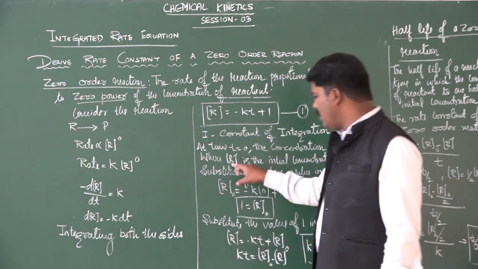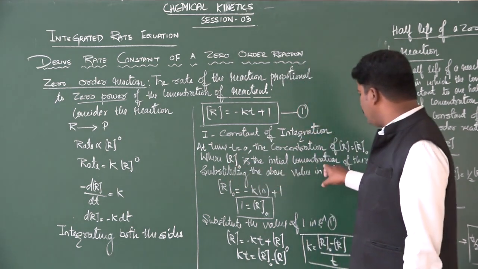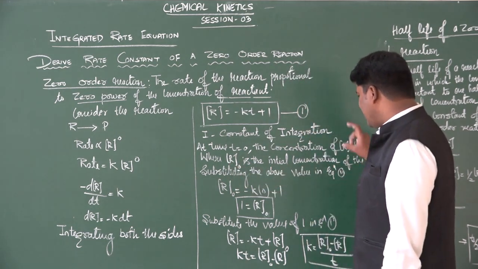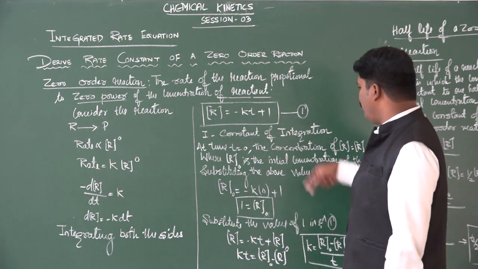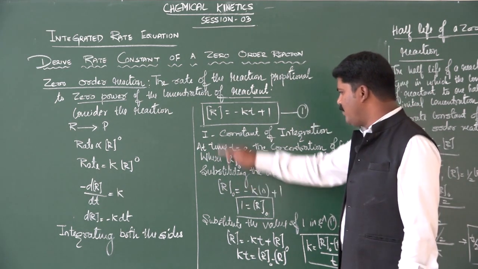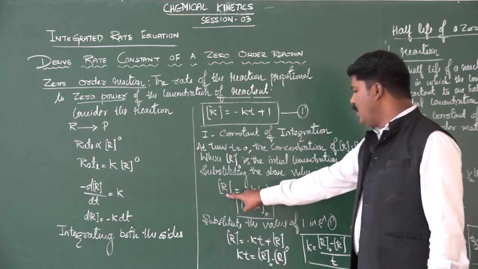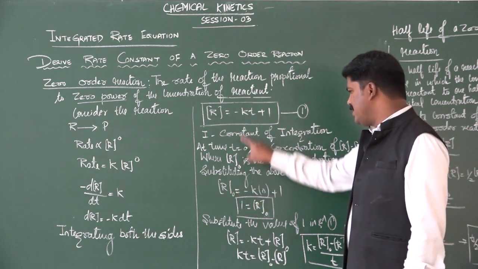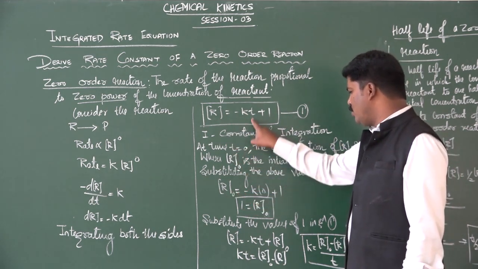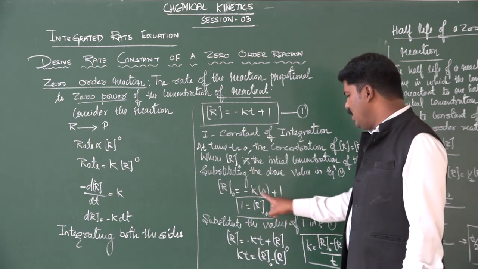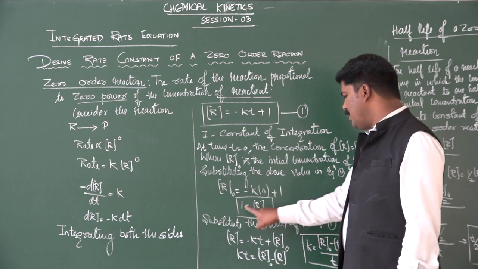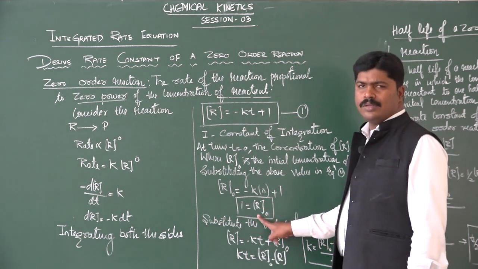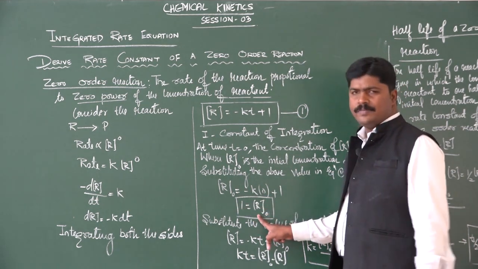Substituting the above values in equation 1, in place of R we put R naught, equal to minus K times 0 plus I. So R naught is equal to I. We got the value of I.